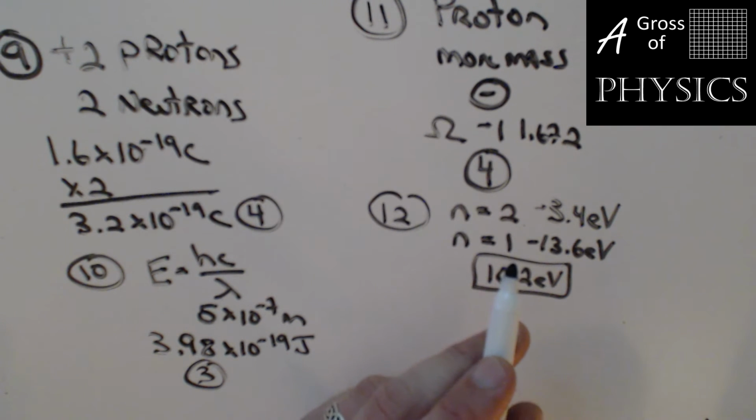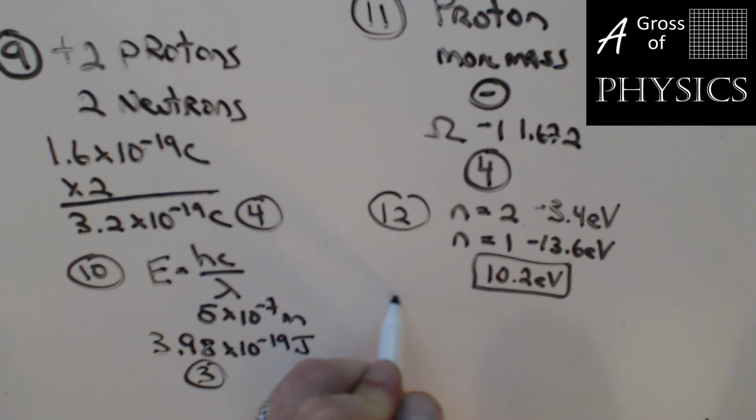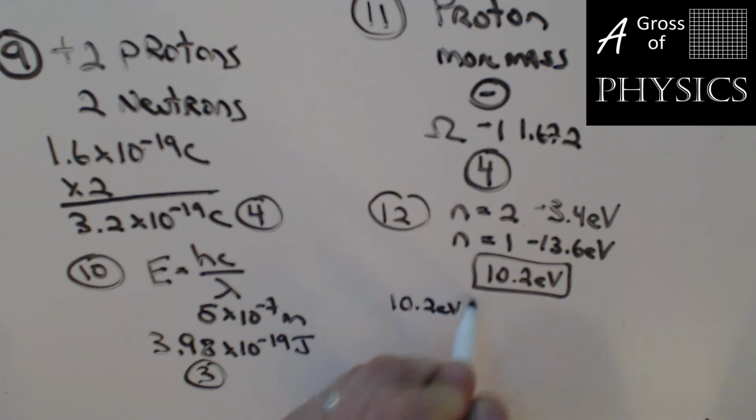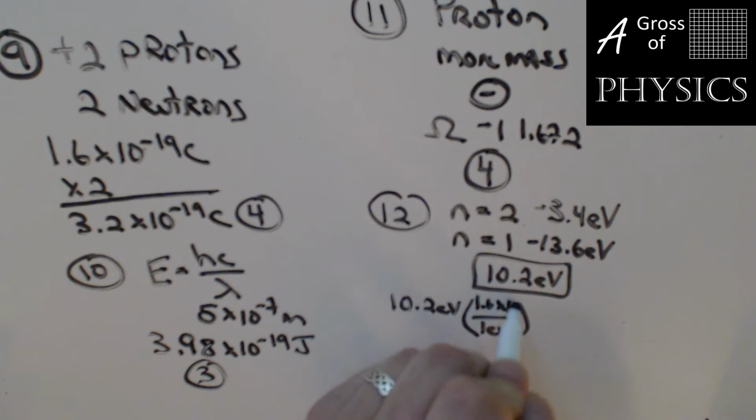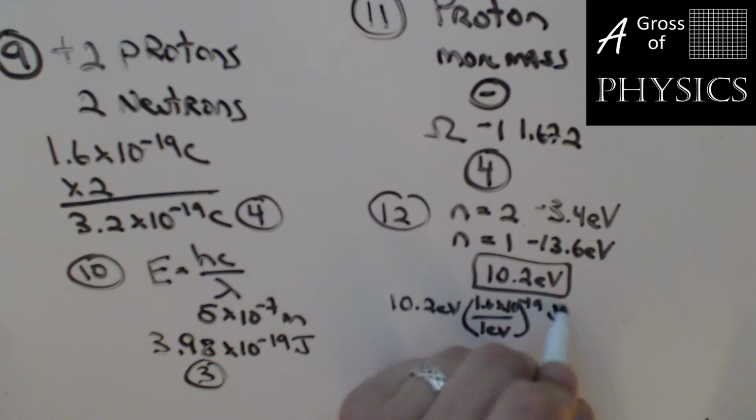So what we're going to have to do now is convert this to joules. So 10.2 electron volts, 1 eV is 1.6 times 10 to the -19 joules, and then do an hc over lambda, or hf I'll do. 10.2 times 1.6 E -19.